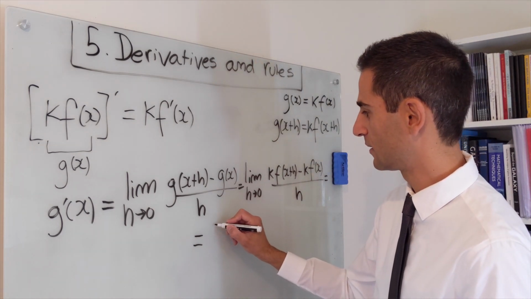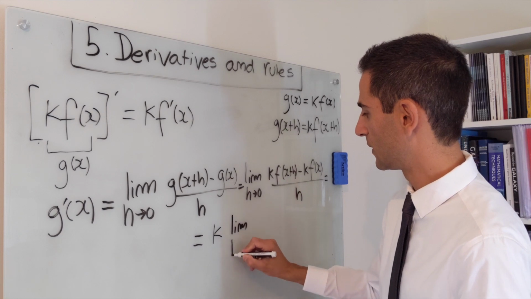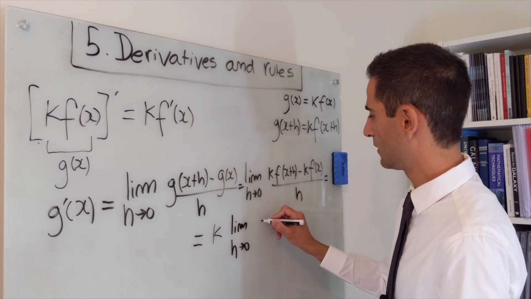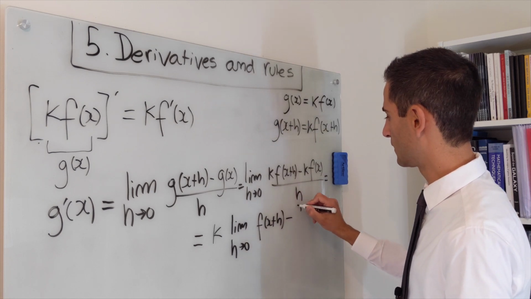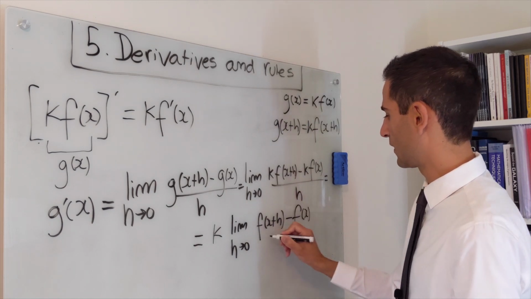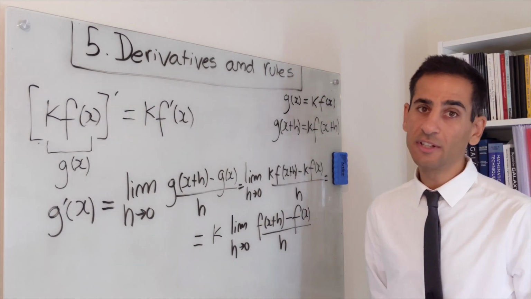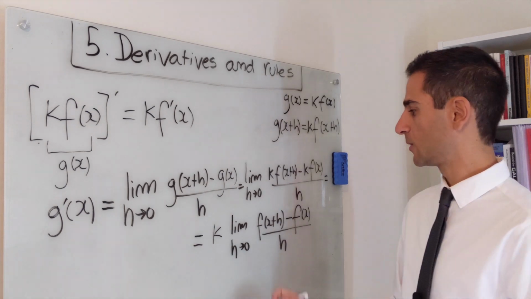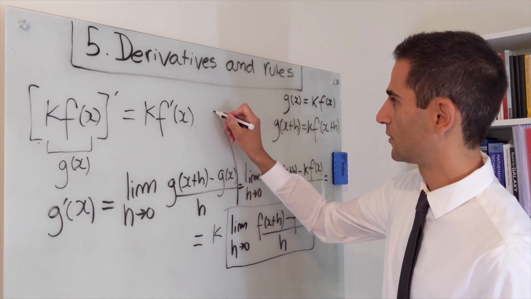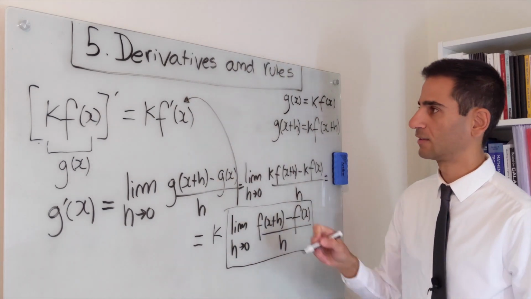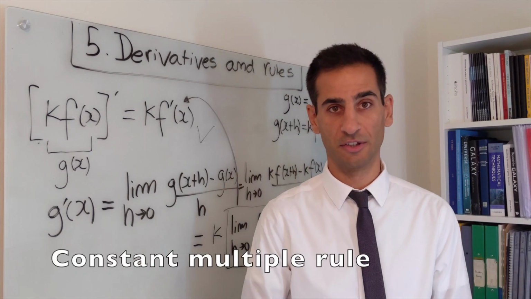So we can write this as k times the limit when h goes to 0 of f of x plus h minus f of x over h, which, with the definition of derivative from first principles, we can recognize as the derivative of f of x. And therefore, we've demonstrated this differentiation rule.